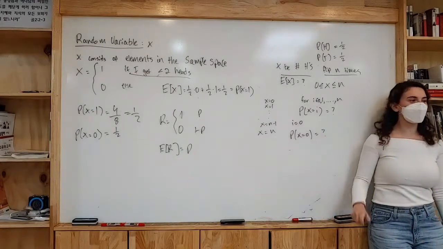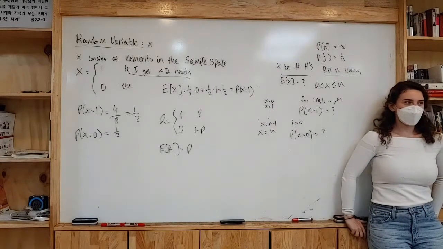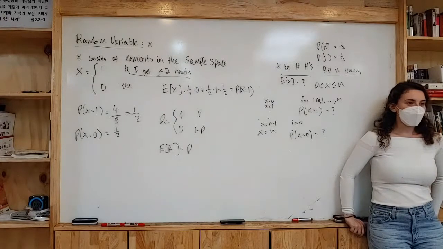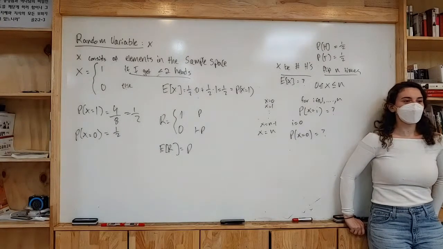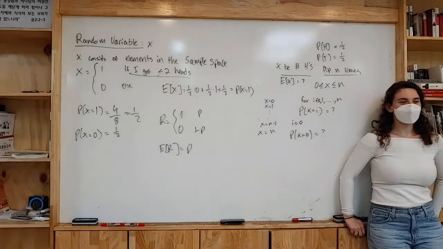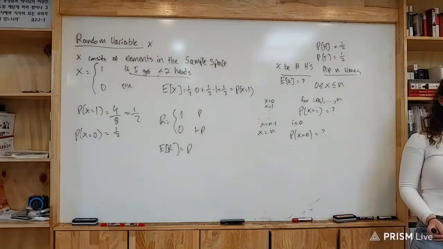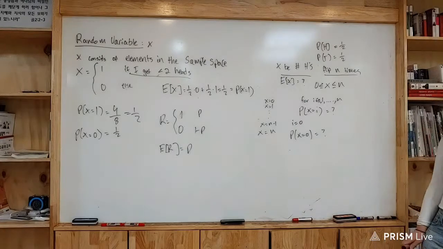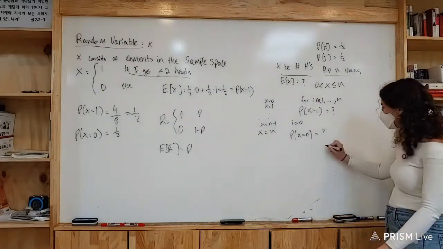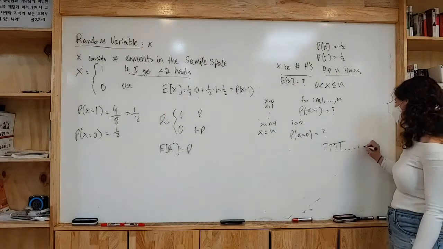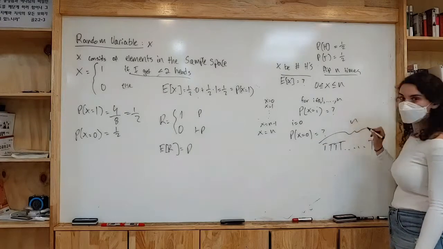Alright, I want other people to tell me what is P of x equals 0 and why. You get no heads. I flip the coin n times, and every single time I get tails. What's the probability of that happening? So I have to get tails, tails, tails, n times.